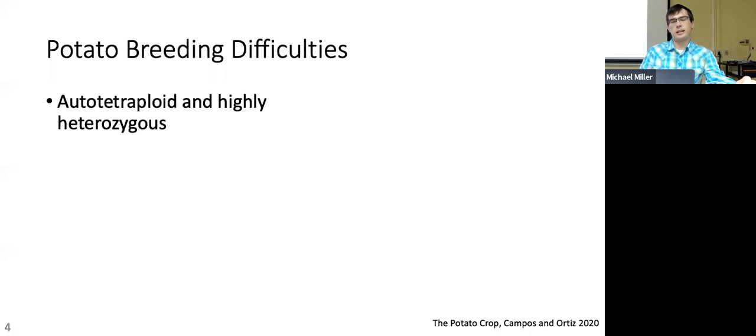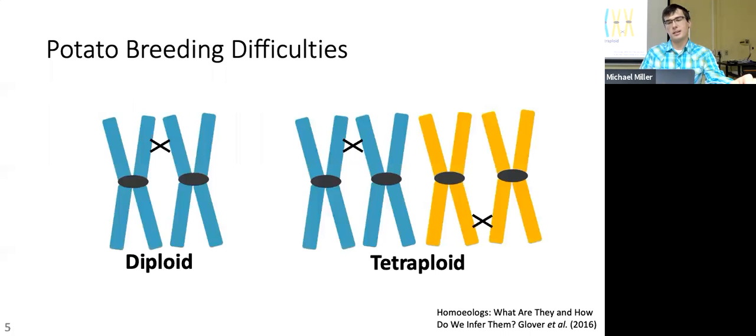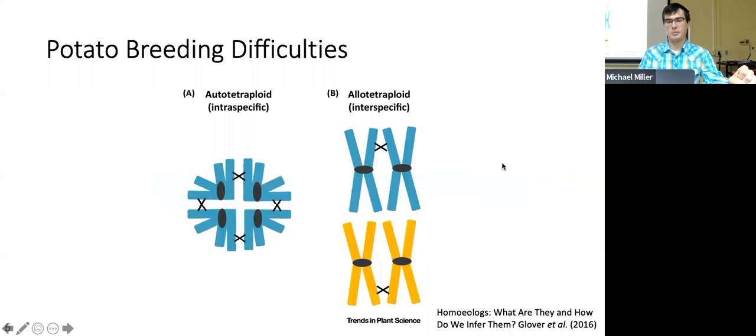It's an autotetraploid, highly heterozygous plant. So to break down what exactly that means, we'll start with the tetraploid part. Diploid has 2 sets of chromosomes, while tetraploid has 4. And then the auto part of autotetraploid is as opposed to allotetraploid.